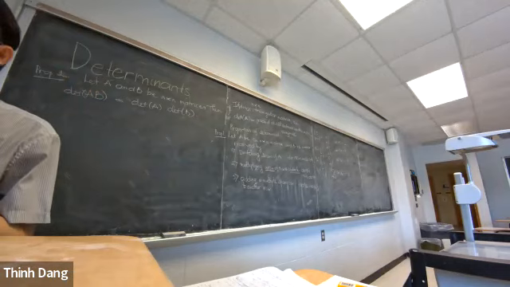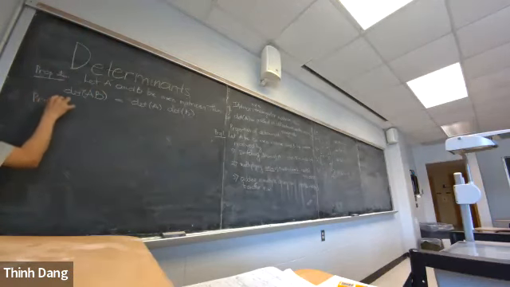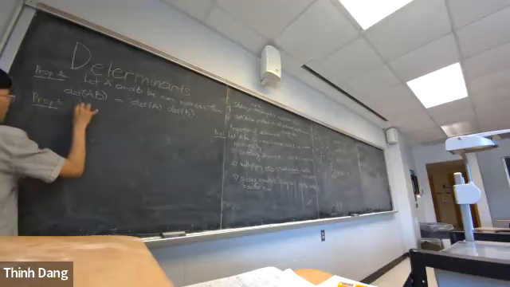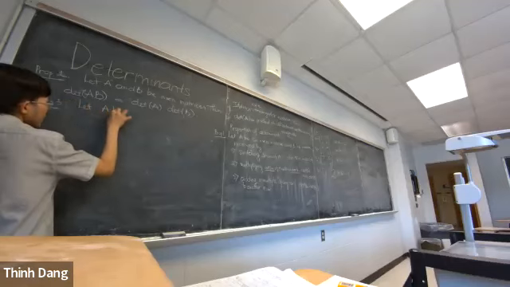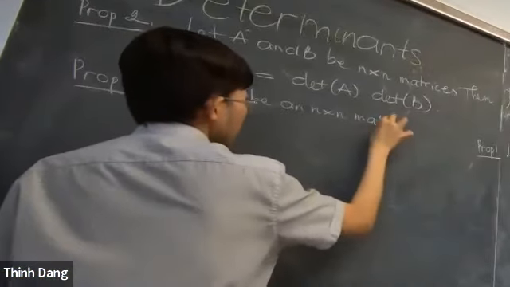Yeah. And then we should go with property number 3, which is about the determinant of the transpose of the matrix. Okay, so here, let A be an n by n matrix.